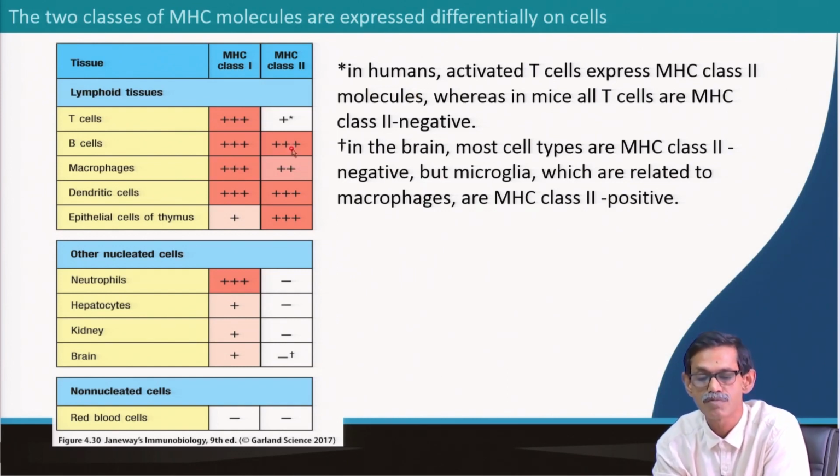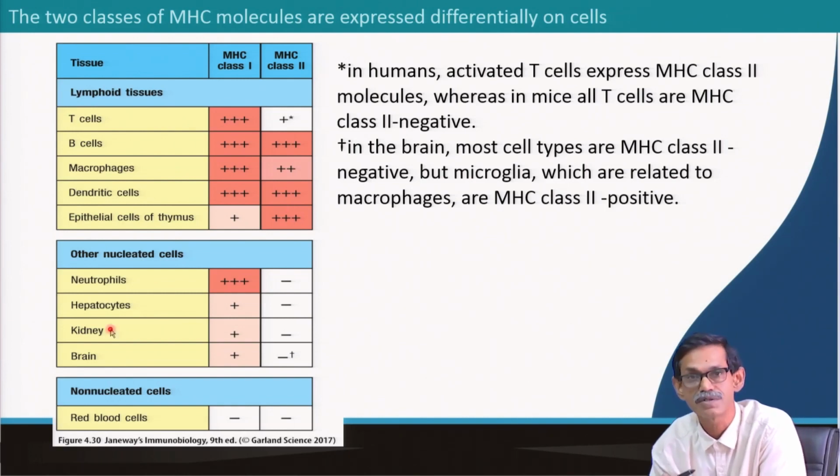B cells express both highly. Macrophages express MHC1 very much, MHC2 a little less, but still a very good amount. Dendritic cells also express both MHC1 and MHC2 heavily. Epithelial cells of the thymus have very little MHC1 and very high MHC2.